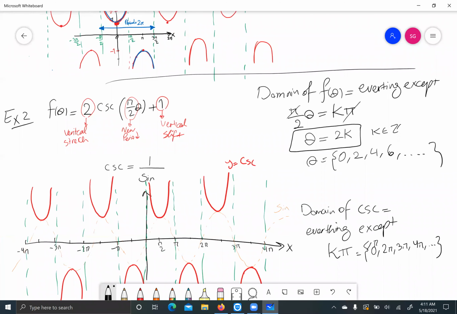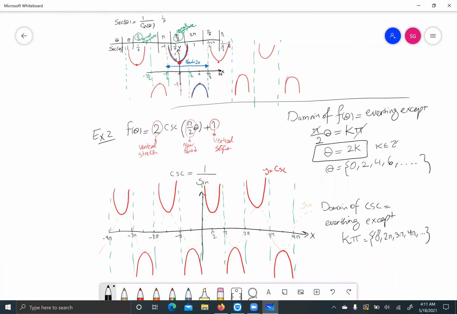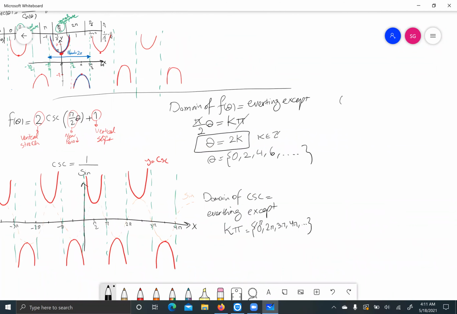You can also check this by substitution. When theta is 0, the input value is 0, and you get the vertical asymptote. When theta is 2, pi over 2 multiplied by 2 gives us pi. That's a vertical asymptote. When theta is 4, pi over 2 times 4 gives us 2 pi.